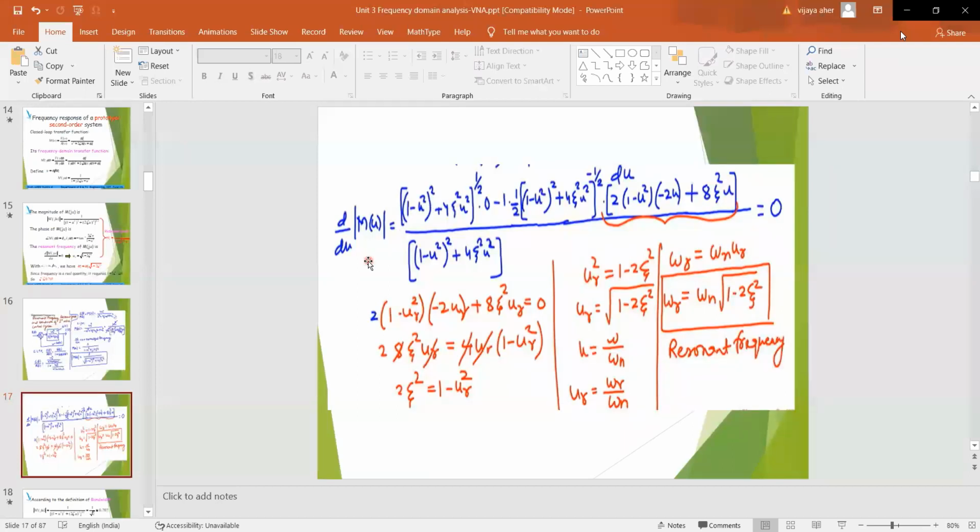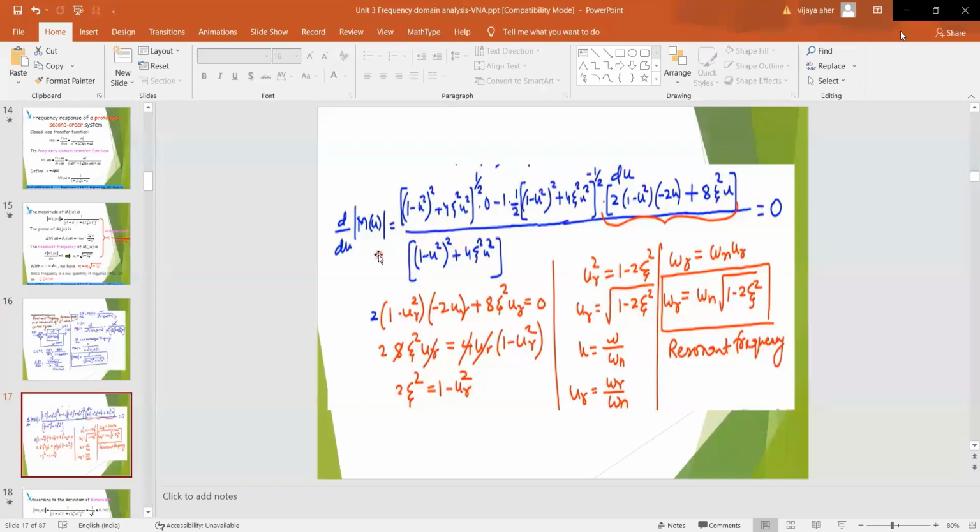First of all, you have to write the denominator, v square, as it is. So this is my v term, squared. Then v into derivative of u minus u into derivative of v.